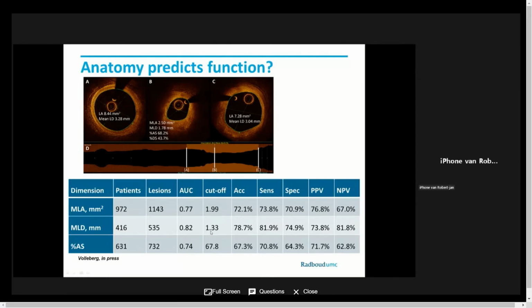MLD, lower cutoff value, even a somewhat higher area under curve, although this is statistically not different. And the percent area stenosis, which is in my opinion always the most classical and the most logical, did perform less well, close to the 70% area stenosis, with some lower area under curve for this technology. Now that's just basic, using either one image or 2 images if you use area stenosis.